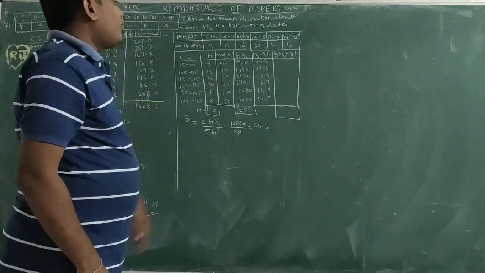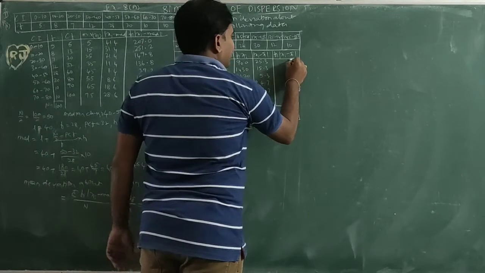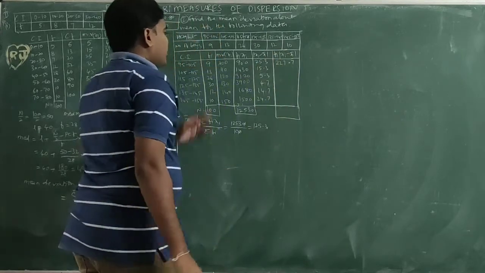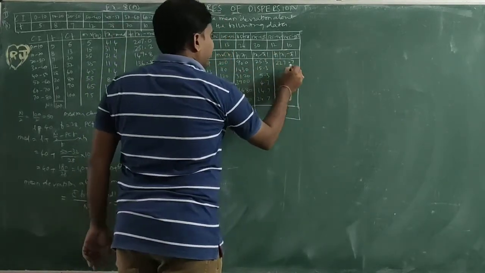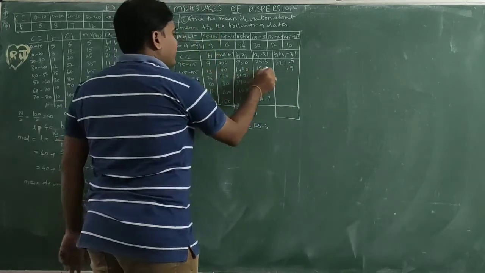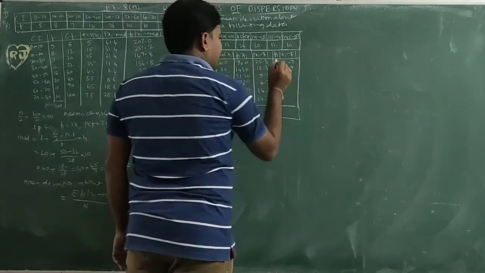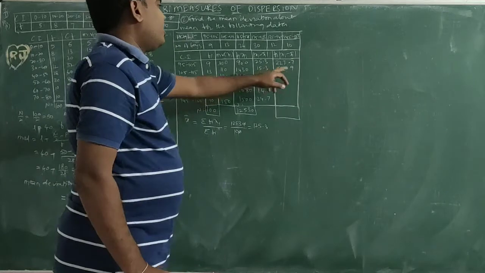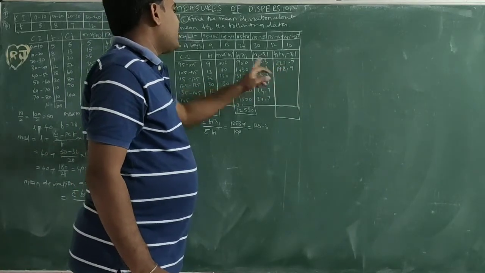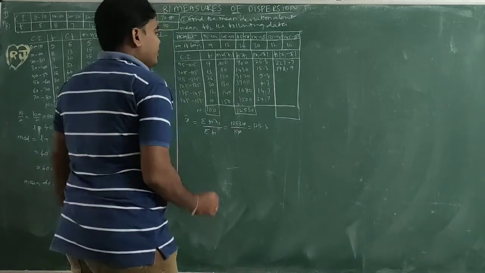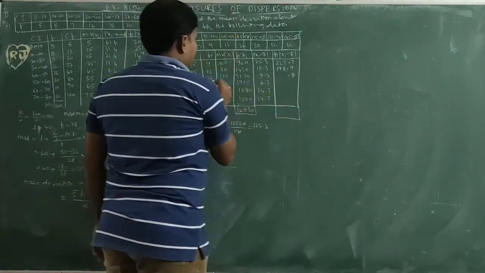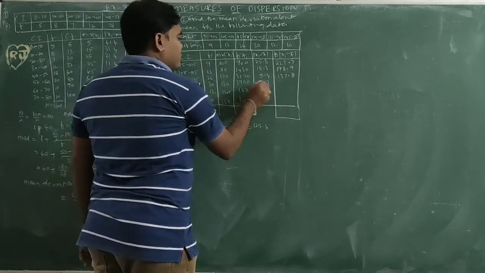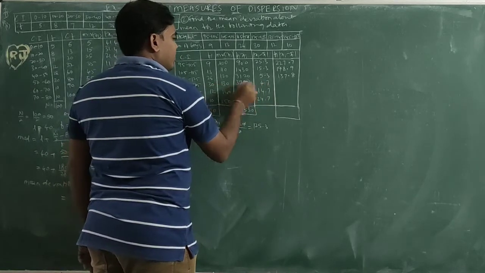So 9 into 25.3. 9 into 3 is 27. 25 into 9, 225 plus 2, 227. 13 into 3, 39. 13 into 5, 65 plus 3, 68. 13 into 1, 13 plus 6, 90. 26 into 3, 78. 26 into 5, 130 plus 7, 137. Next, 4.7 into 10, 47.